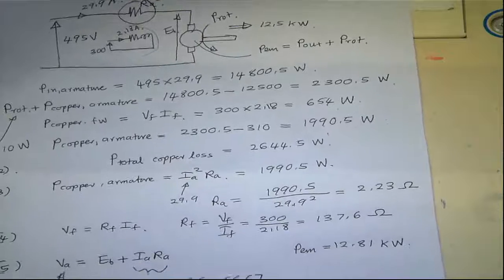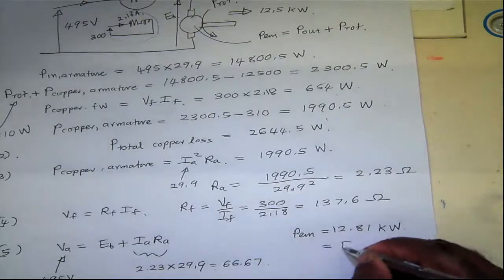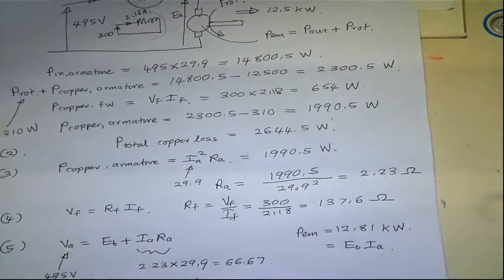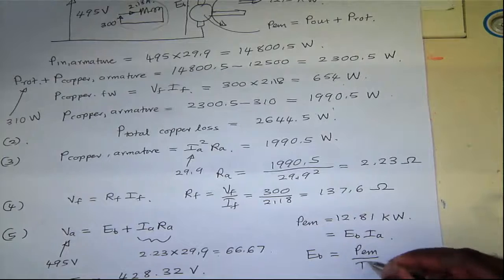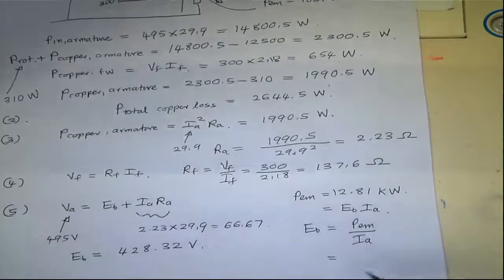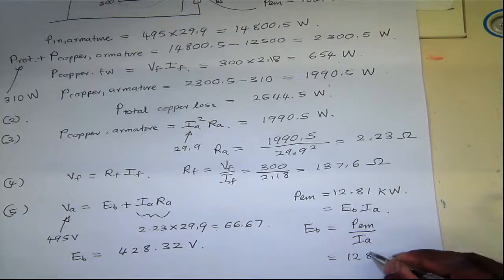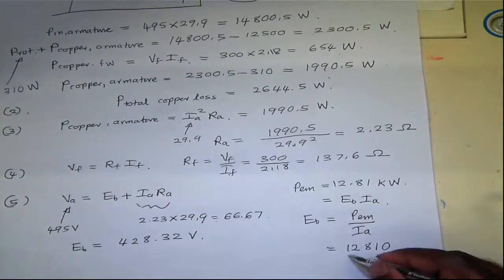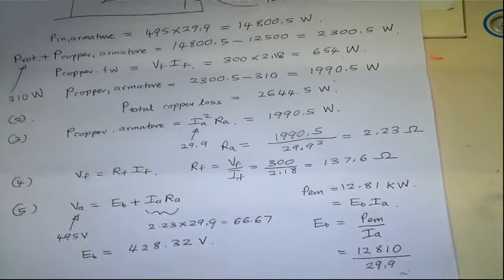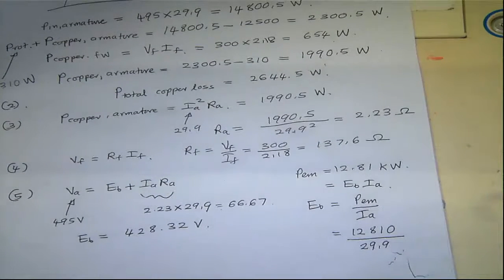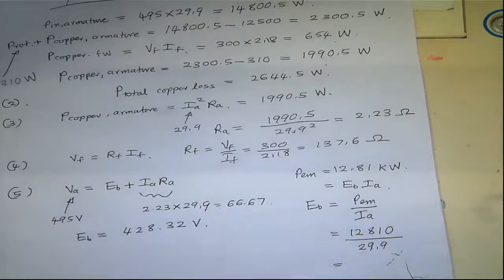That's the PEM. You can also write this as EB times IA. So then EB will be PEM divided by IA, which is the PEM in watt divided by 29.9. You should get a similar answer here as well.